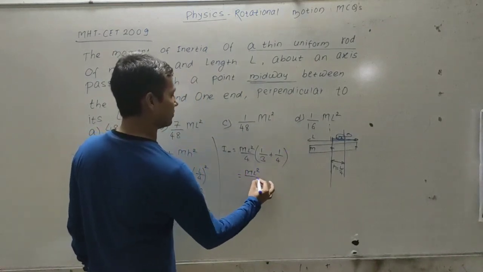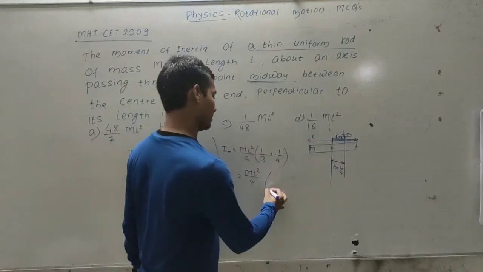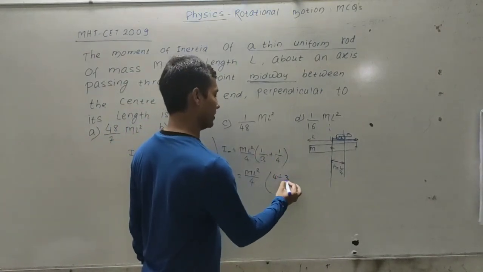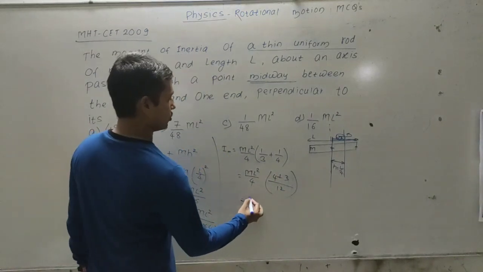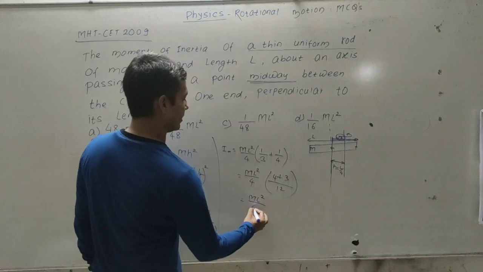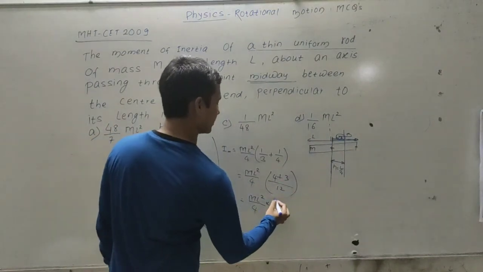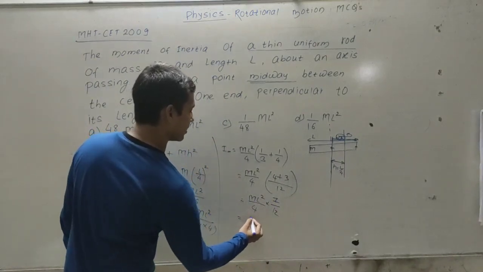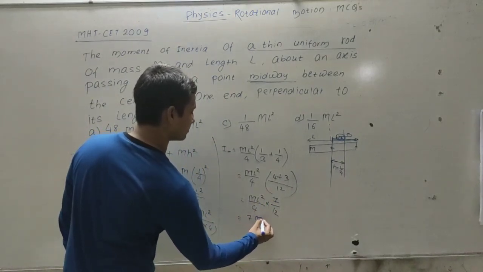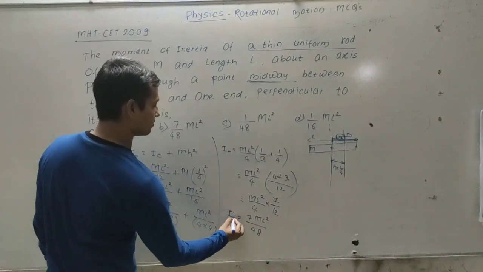Now there is a simple cross multiplication. 4 into 1, that is 4. 3 into 1, that is 3. 3 into 4, that is 12. So our answer will be m L square by 4 into 4 plus 3, which is 7 by 12. So 7 m L square by 48.